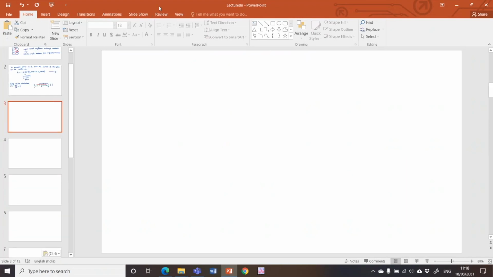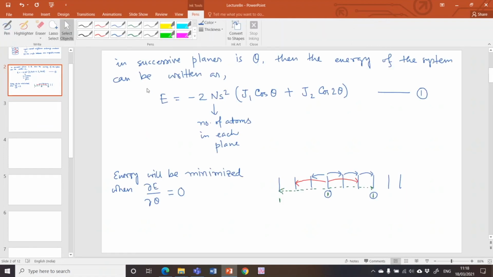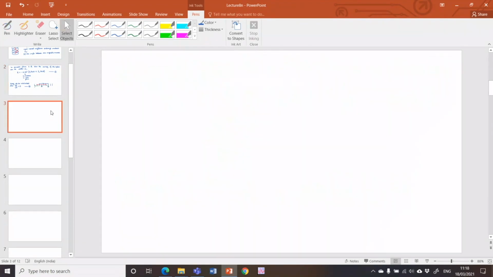So if we do del E del theta on this E, which is my equation number 2, then what I'll find is that (J1 plus 4 J2 cosine of theta) times sine theta will be equal to 0.